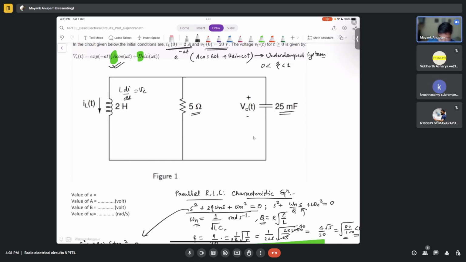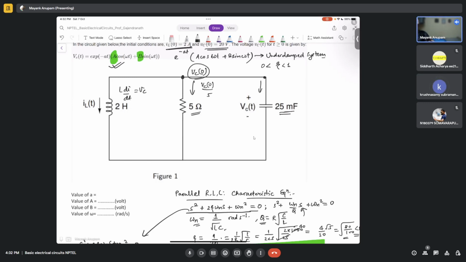Let me help you. You already know what is Vc of 0, correct? Now, if you want to apply a condition on the initial current, you can apply the KCL constraint. If you know the voltage here, you know the current here. It is simply Vc of 0 divided by 5. This is the current through the resistor.